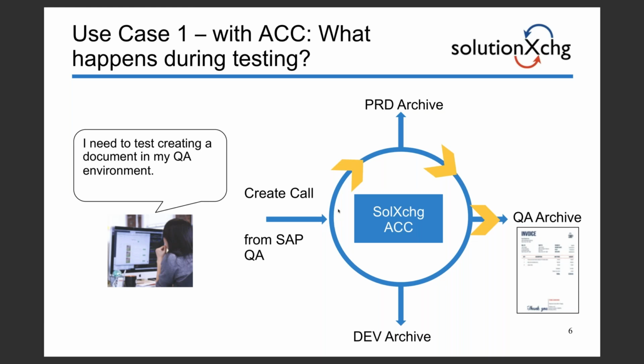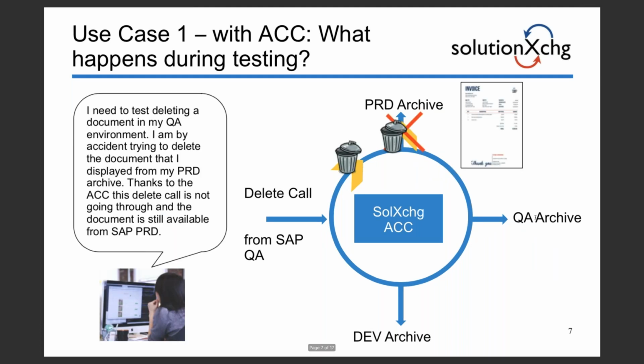It then bypasses the production archive because that archive is set to read only. It cannot be written to for obvious security reasons. And the call is transferred to the quality control archive. From there, the document can be created, and then at a later point in time, without any issues, retrieved.